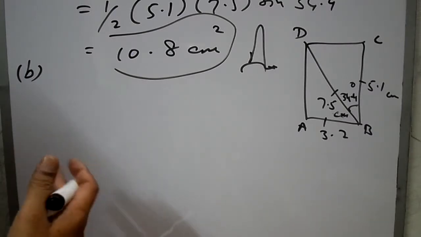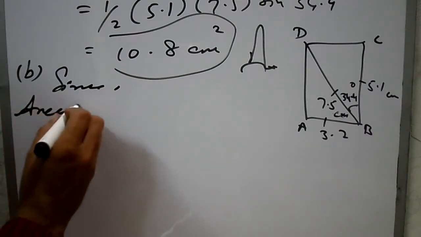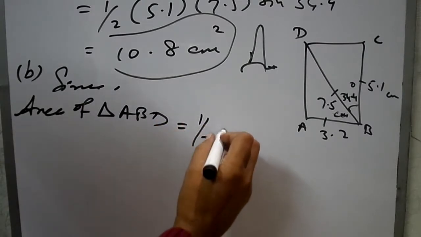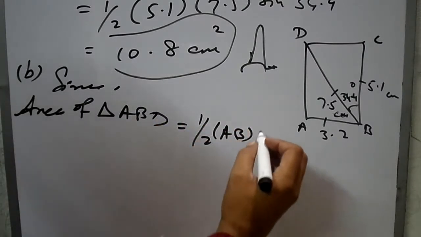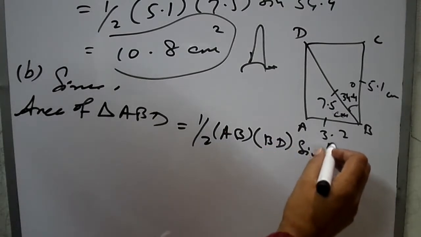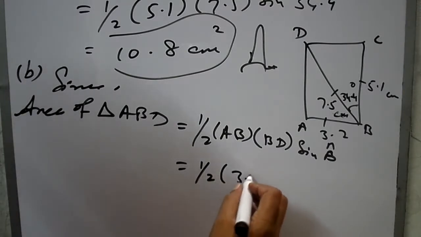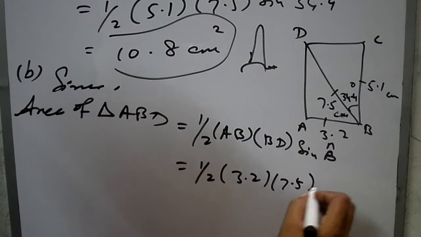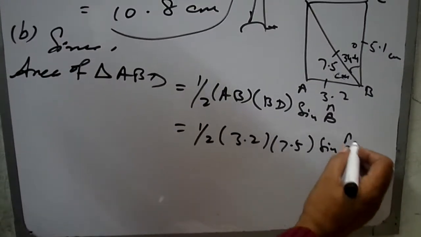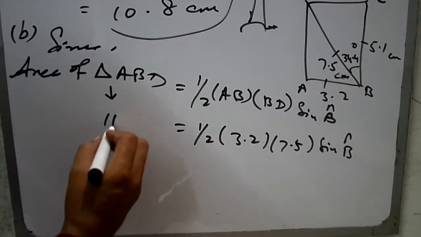The area of triangle ABD is equal to half AB BD sine B. So putting the values, that is 3.2, 7.5 and sine B. The area of triangle ABD is given to us, that is 11.62.